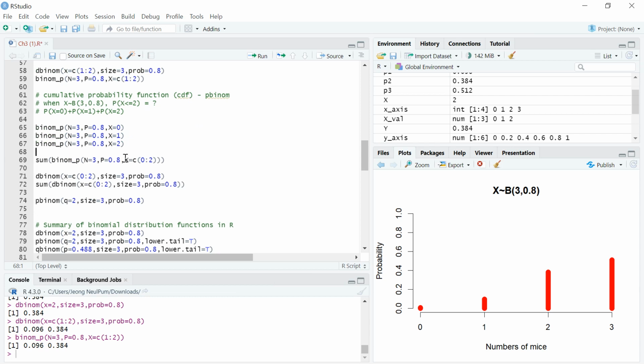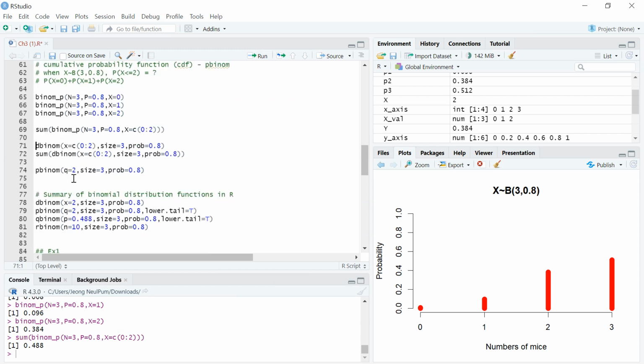what we have to do is just get the summation of the values when x is from 0 to 2, which is 0 and 1 and 2. After we get each probability, we just sum all the values of what we did here.